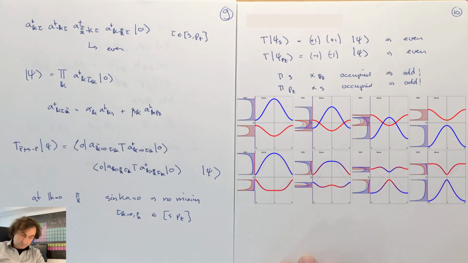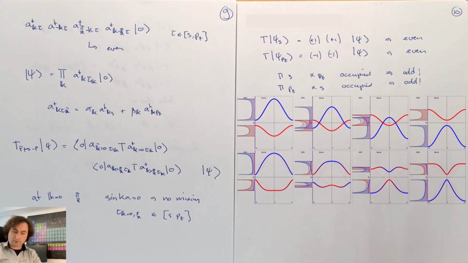So you are able to make odd wave functions only if your S and P band overlap and a hybridization gap occurs, such that at gamma and at x you have 2 different orbitals occupied at these 2 momenta, then your total many electron wave function is odd.